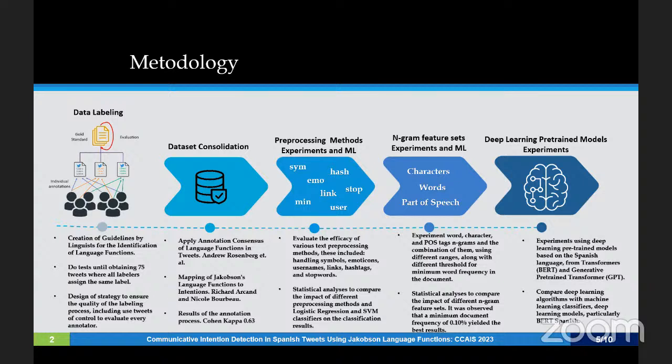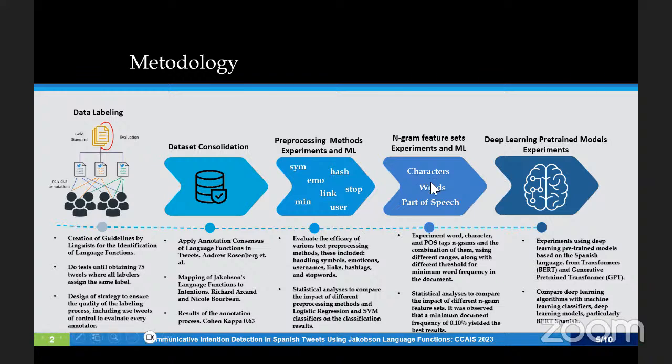These preprocessing steps are common in the natural language processing field. Then we make a statistical analysis to compare the impact of different preprocessing methods and logistic regression and SVM classifiers on the classification results.